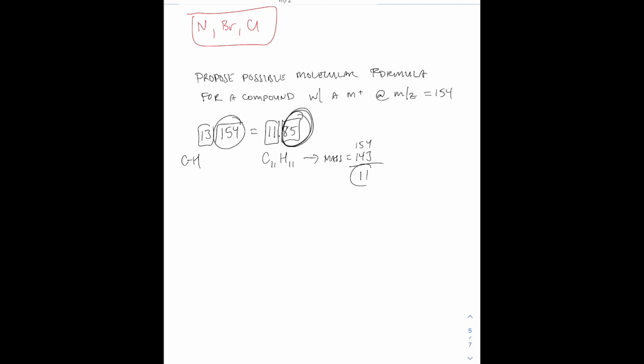What that means is we want to add 11 to the total number of hydrogens. So now what we get is C11H22. And so this actual mass is just a general proposal.